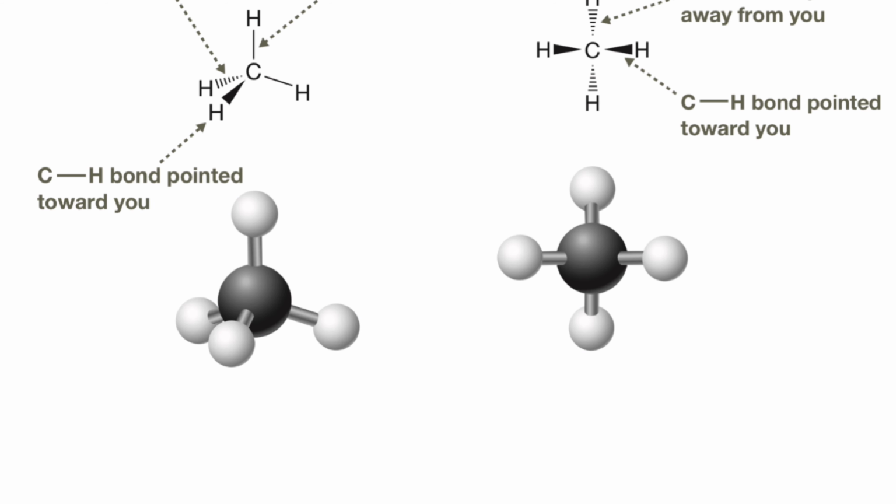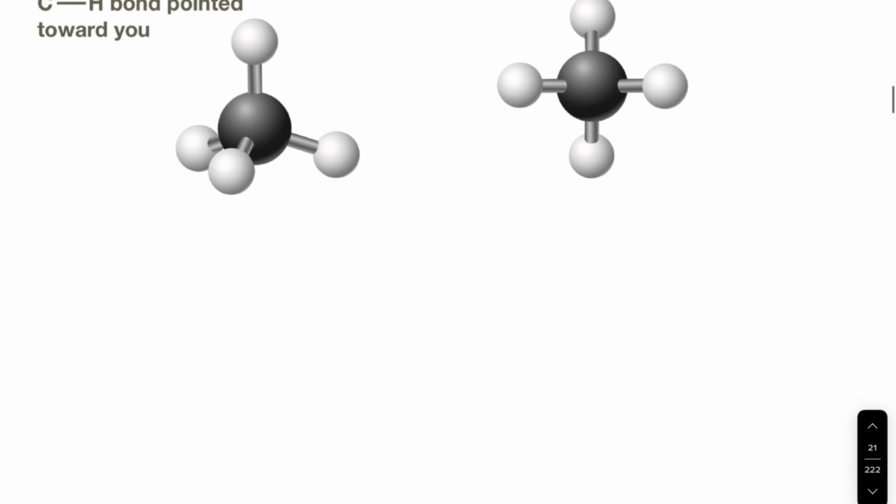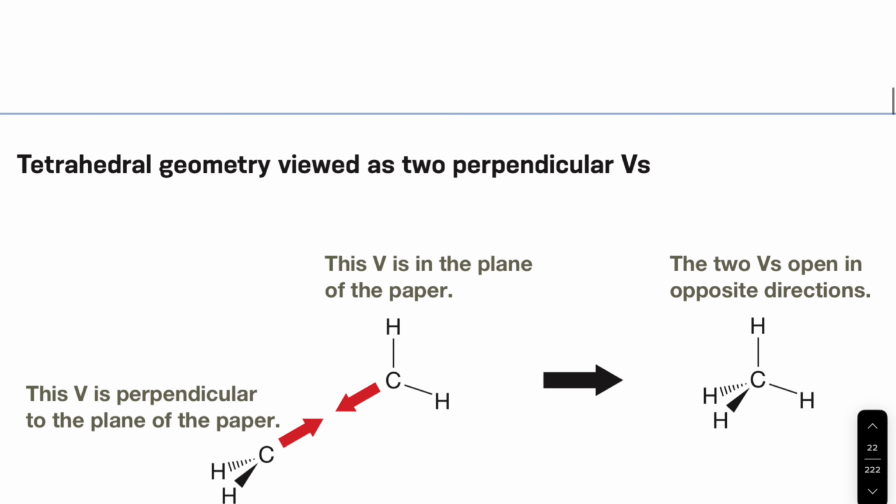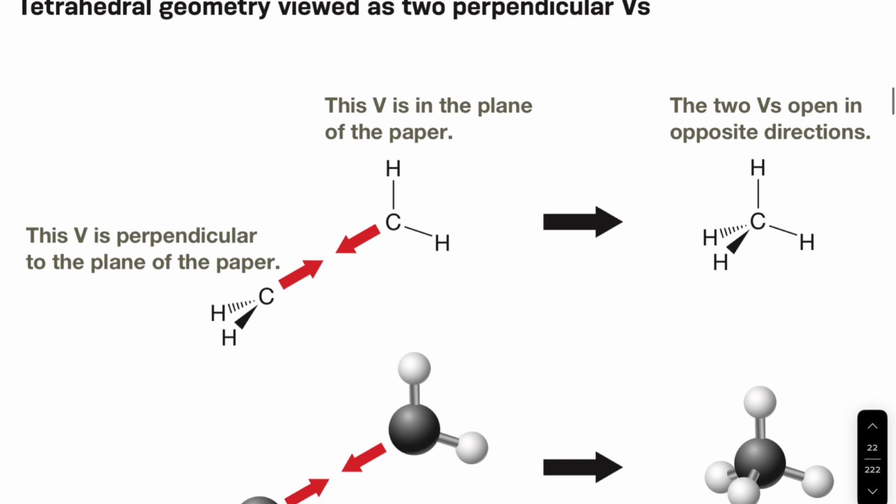And when you are writing this dashed wedge formula, you have to use two V's. This is the first V, you can see the alphabet V, and this is another V. While writing the first V, you use normal lines. While writing the second V, you use one solid wedge and one broken wedge.